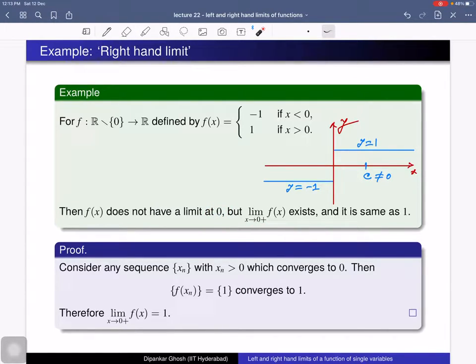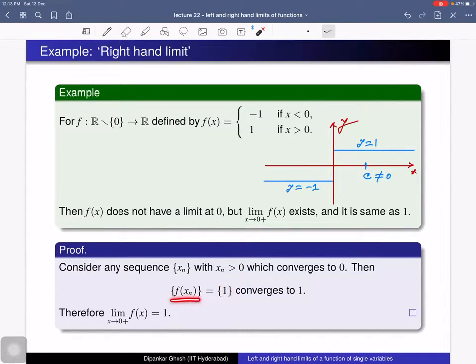So if you consider a sequence which lies on the positive side of the x axis, and suppose that sequence converges to 0, then let us see what is the limit of the sequence given by the function values. Since xn is greater than 0, f of xn is just 1.